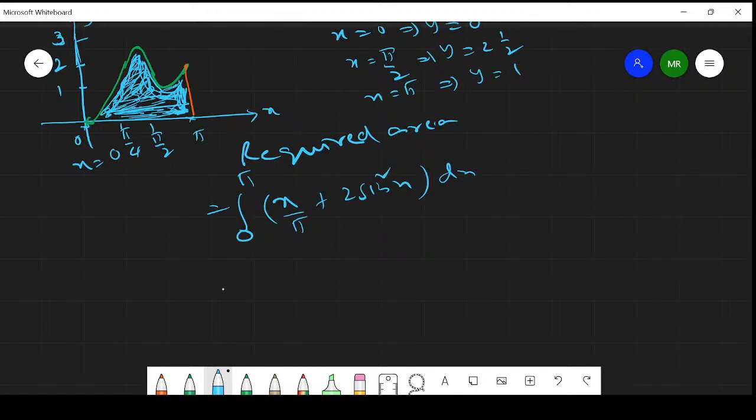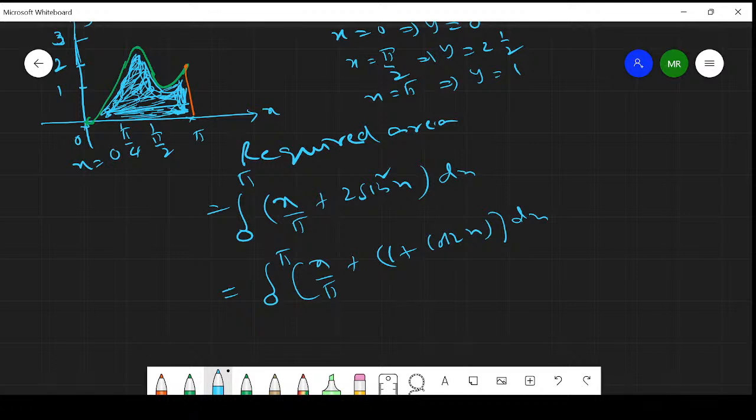For our convenience, 2 sine square x means 1 plus cos 2x. What is 2 sine square x? 1 plus cos 2x. Correct? Now I can integrate.